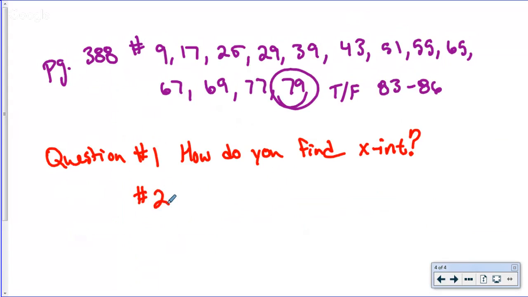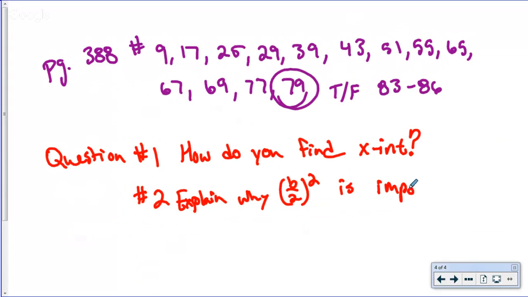And question number 2, explain why b over 2, squared is important. Okay, so there are your 2 questions.